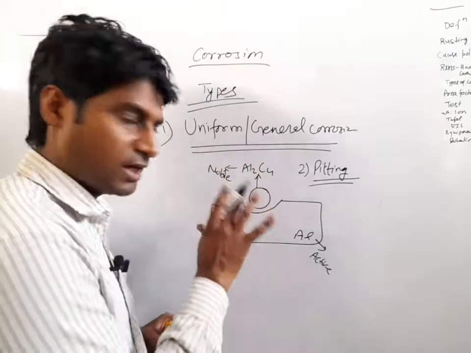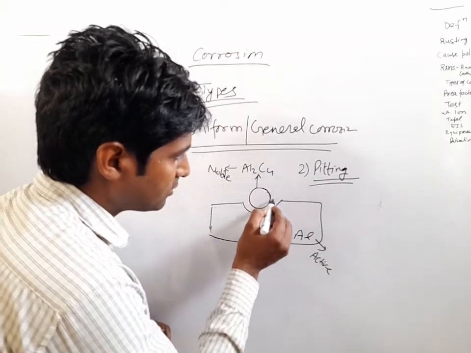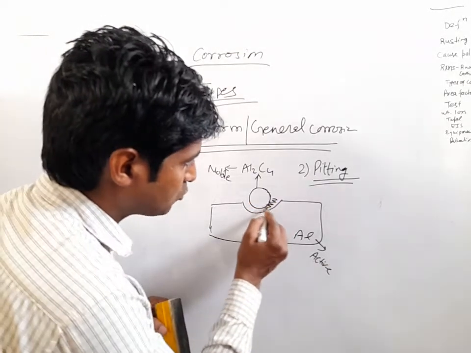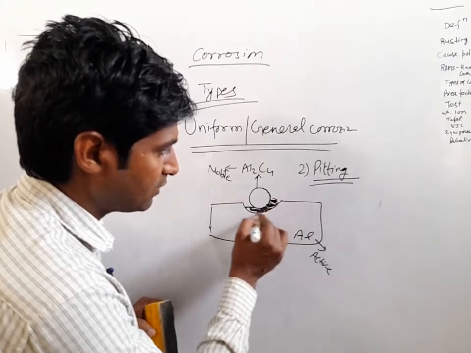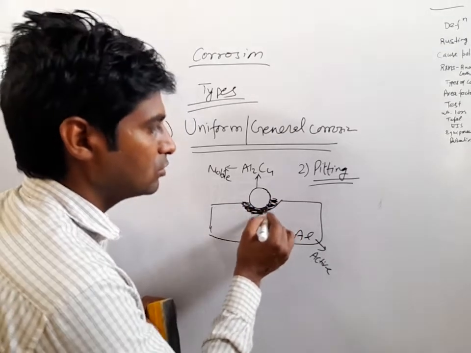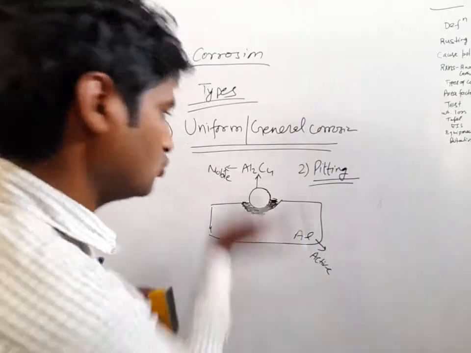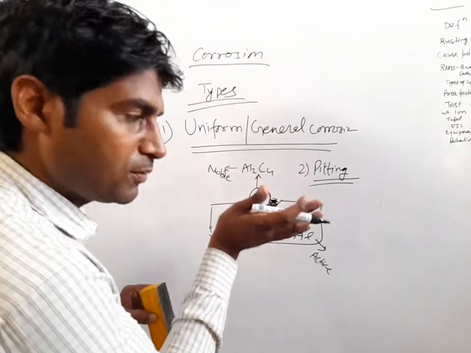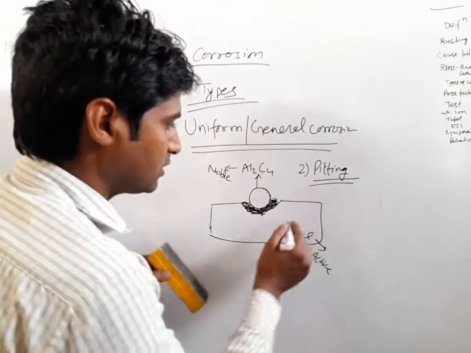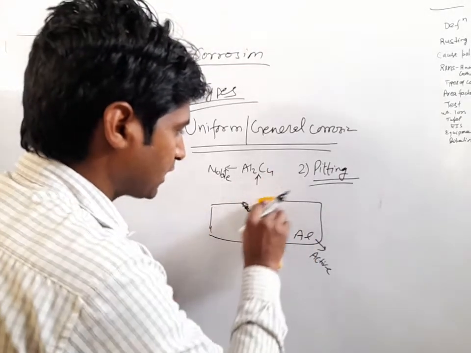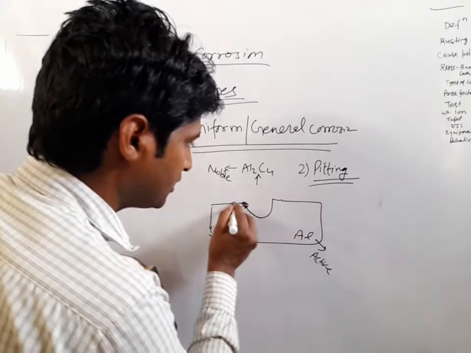So due to the anodic and cathodic reaction, the material near this particle will start to corrode, and it will result in escaping of this second phase particle. This will result in a pit.